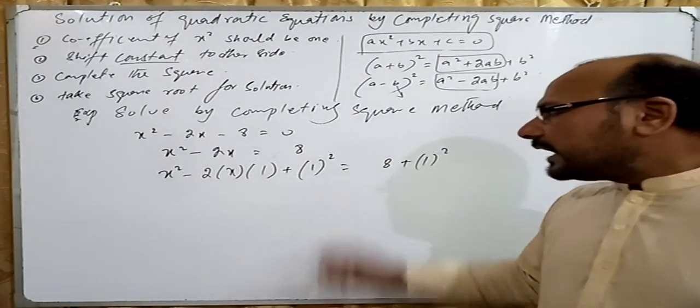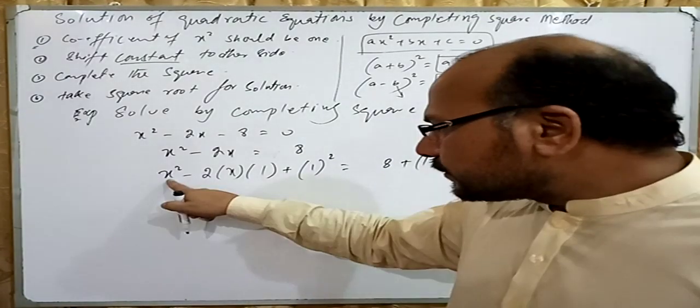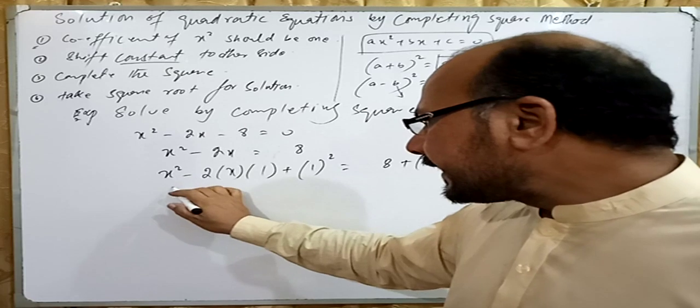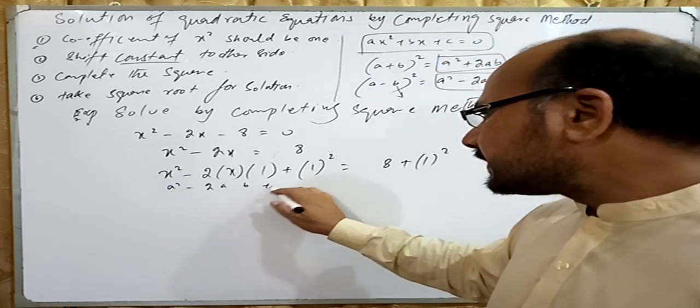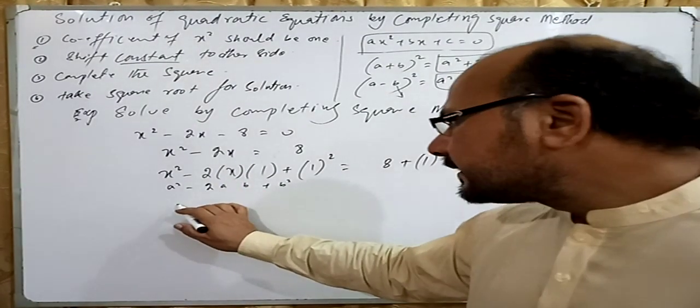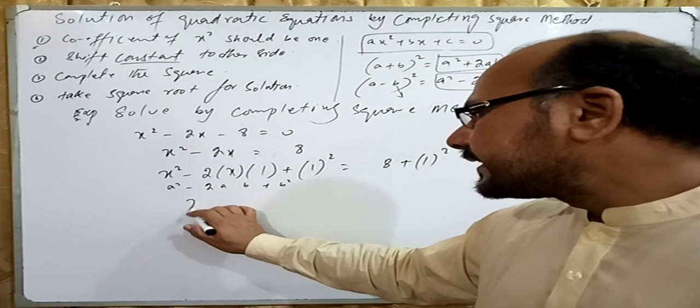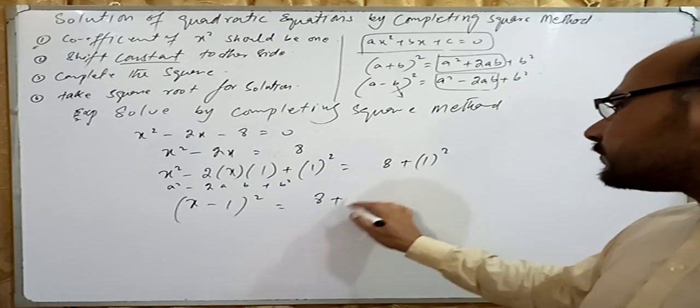Then after completing the square, it looks like a square minus 2ab plus b square. It looks like a minus b whole square, so we can write x minus 1 whole square equal to 8 plus 1 square.